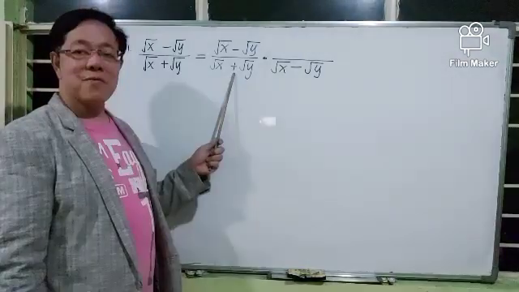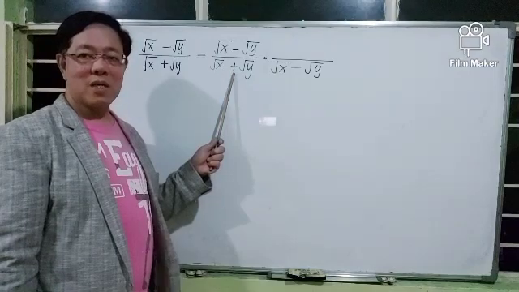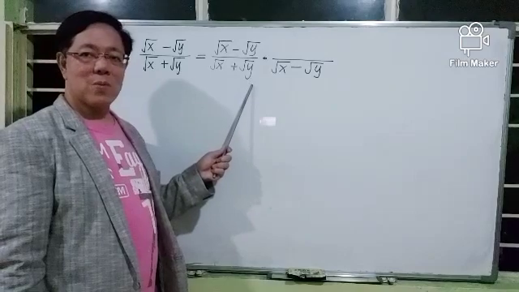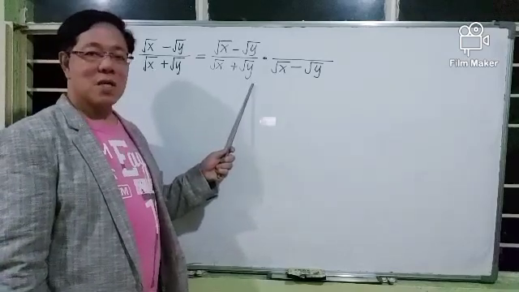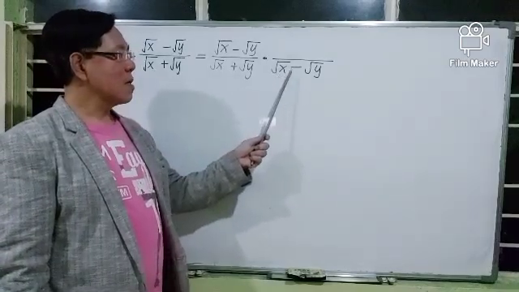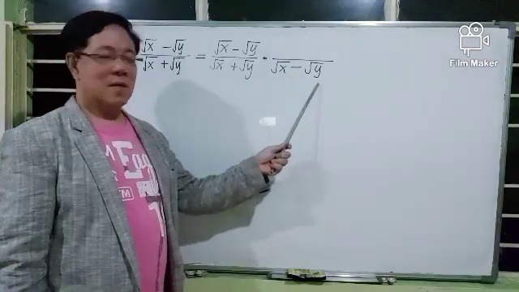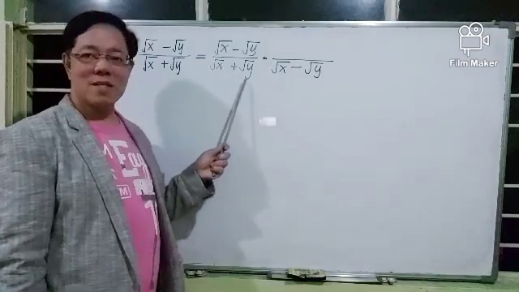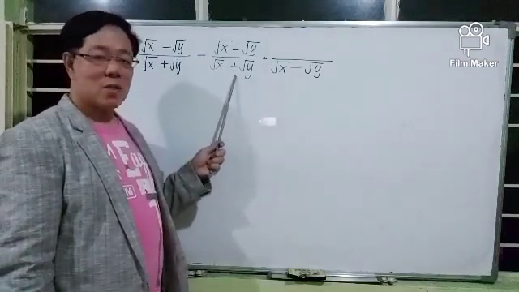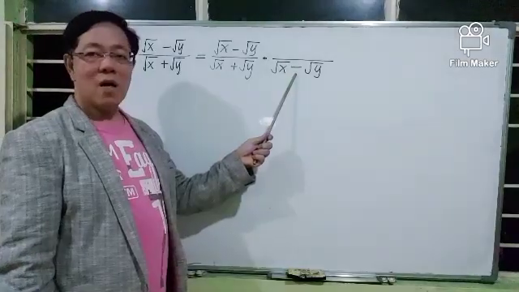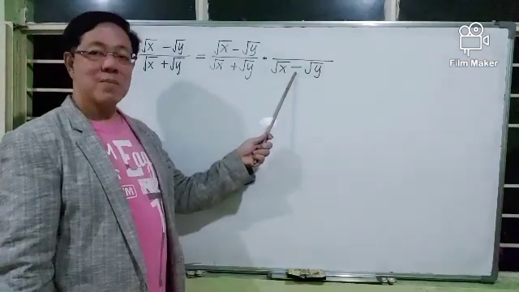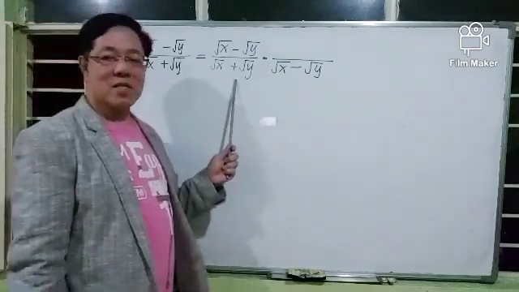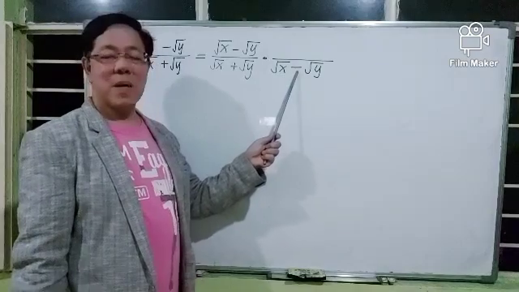If in the given rational algebraic expression you have square root of x minus square root of y, then its conjugate will be square root of x plus square root of y. If the sign between square root of x and square root of y is minus, then the sign between the two terms of the conjugate is positive.